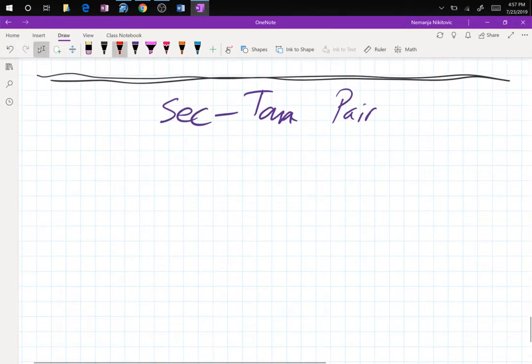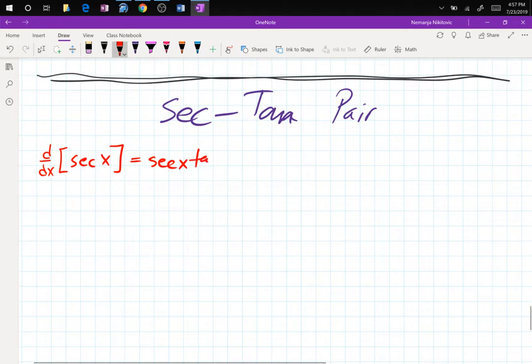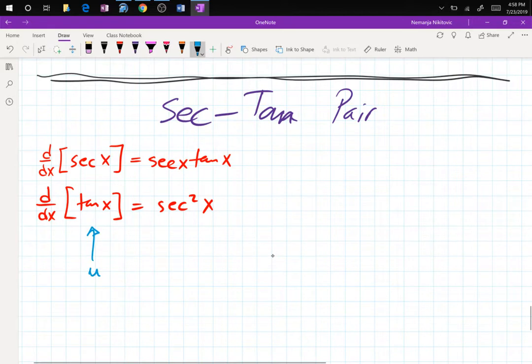And in order for you to survive this one, you must know that the derivative of secant x is secant x tangent x, and the derivative of tangent x is secant squared x. Why is this important? Because your u's are going to be there and your du's are going to be here. And that's why this is so important.